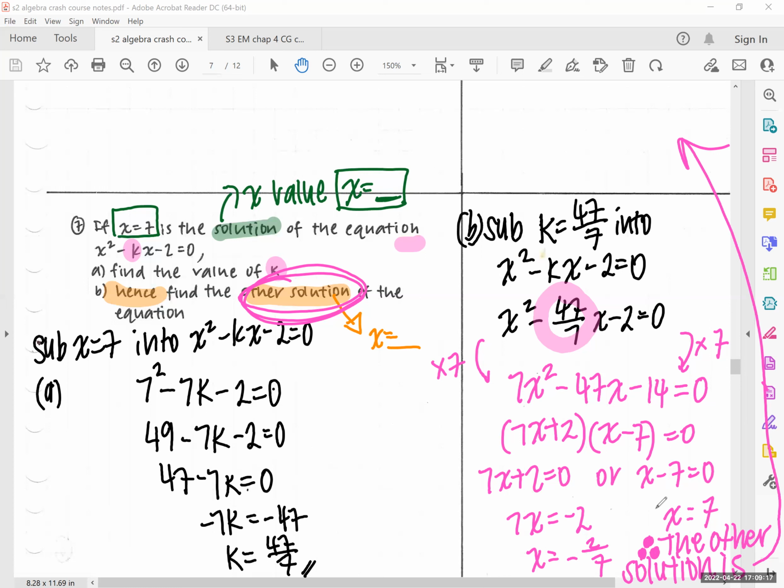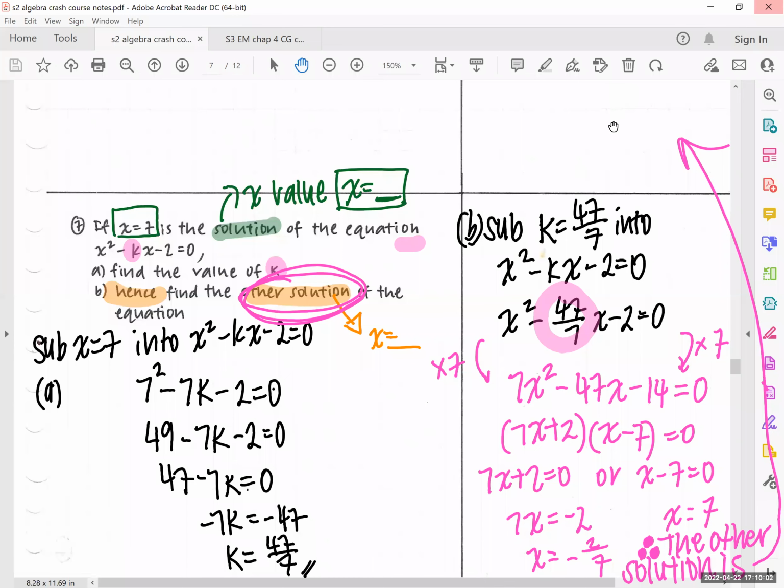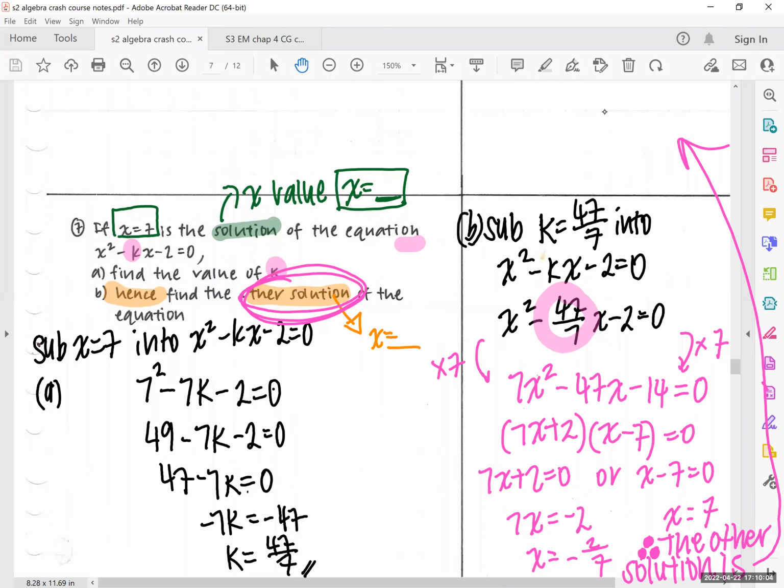Other solution. Yes, so at the end of the day, the answer is just x is equal to minus 2 over 7.